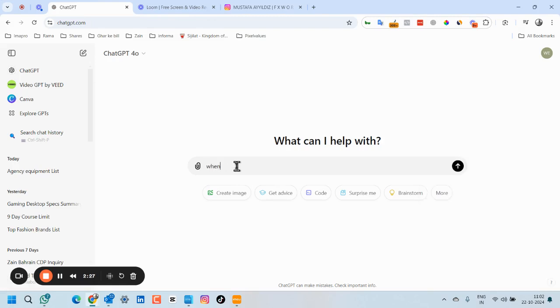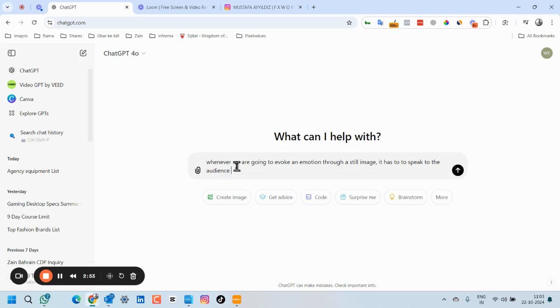So I will give ChatGPT a prompt: whenever we are going to evoke an emotion through a still image, it has to speak to the audience and it should have a story behind it.